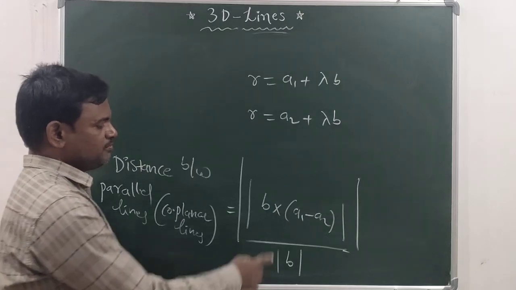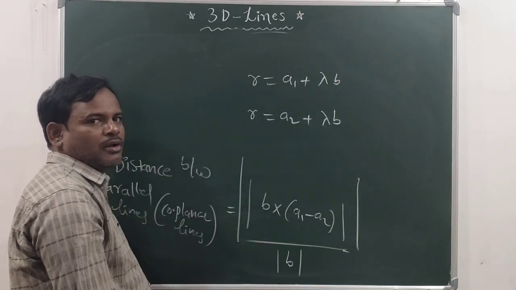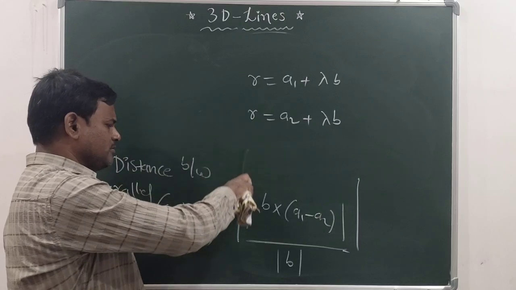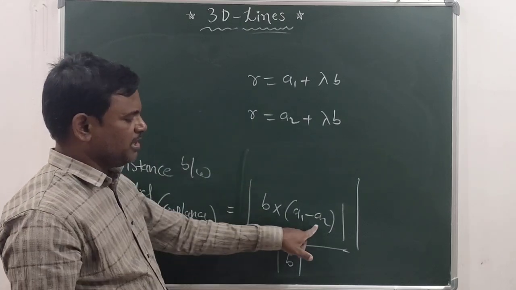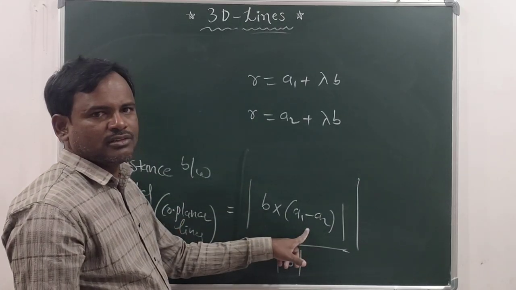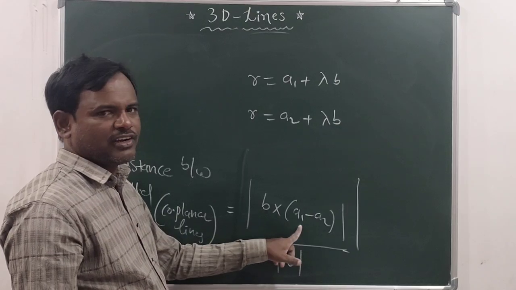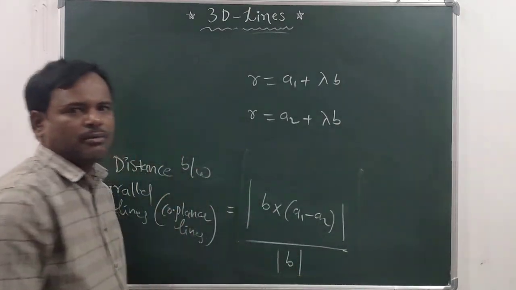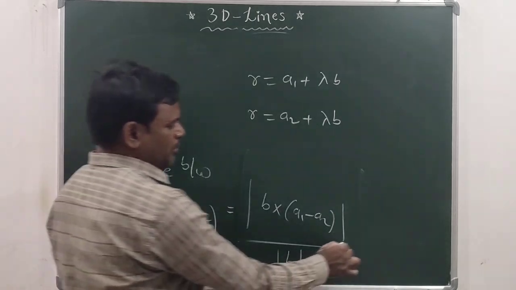Here this modulus is not required on the cross product, because if you find B cross (A1 minus A2), you get a vector. The cross product of two vectors is a vector, and you find its magnitude, positive only, divided by mod B, units.